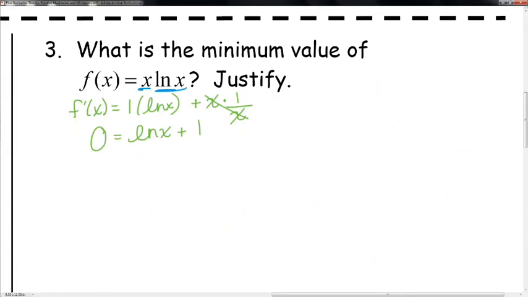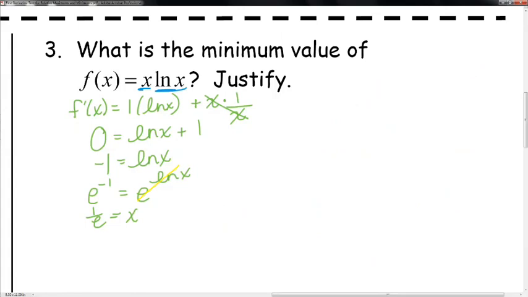And so if I subtract 1 from both sides, ln of x is equal to negative 1. Alright, let's raise this to get rid of the ln. Let's raise it to the e. So e to the negative 1 is equal to e to the ln of x. These will cancel. And so I have 1 over e is equal to x. So that's our critical value.